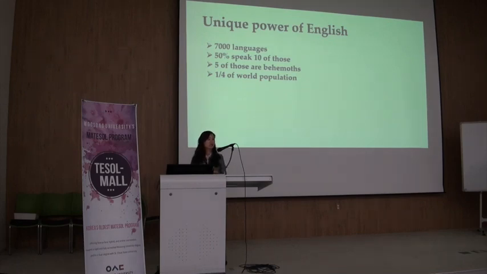A behemoth language means a language that has a huge population. To discuss the unique power of English, we need to know that a quarter of the world population speak at least some English. They are students at different levels. The 5 behemoth languages are Chinese Mandarin, based on its very large population, English, Arabic, Hindi, and Spanish.